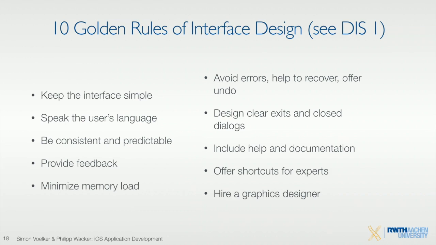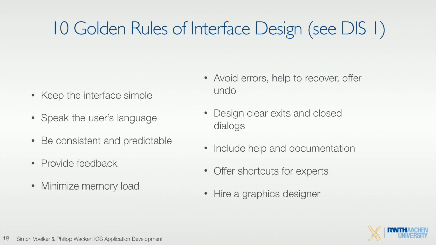First of all, the most simple thing is, keep the interface simple. So don't clutter everything, create hundreds of buttons and stuff like this, have text on this. Speak the user's language, so don't come up with weird error messages like the typical Windows 95 error, but speak the user's language if something goes wrong.